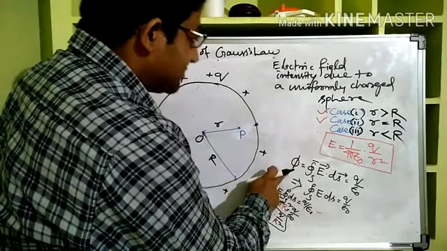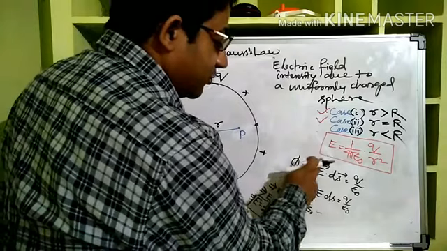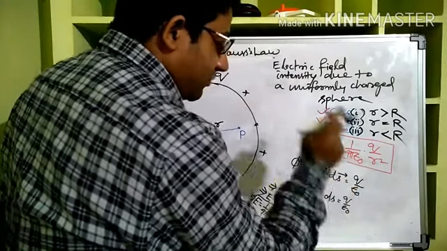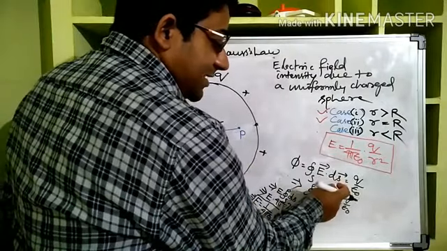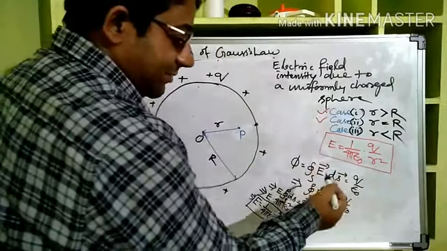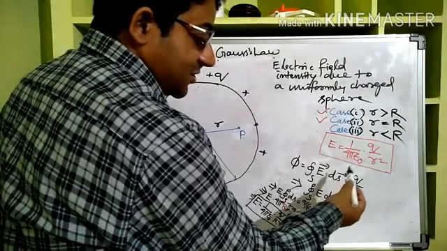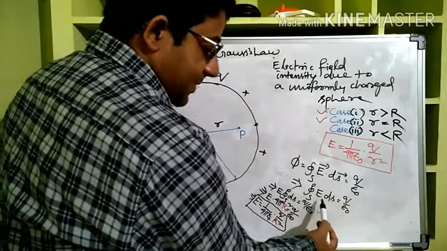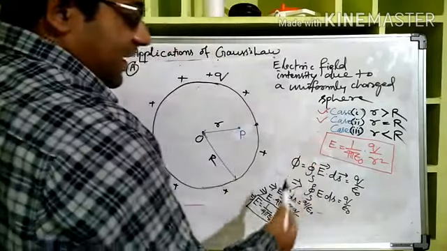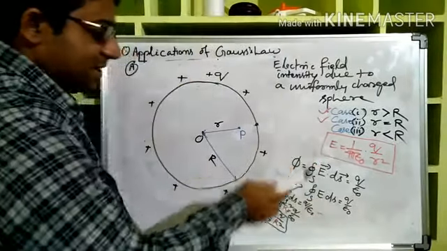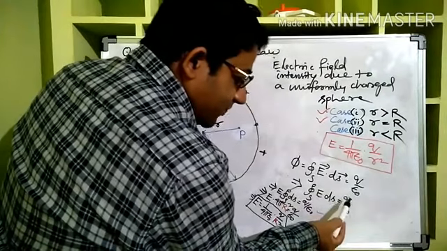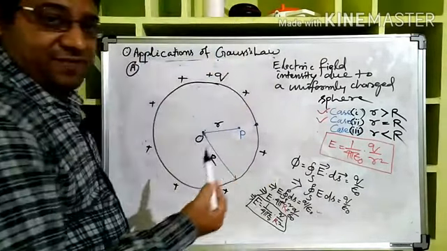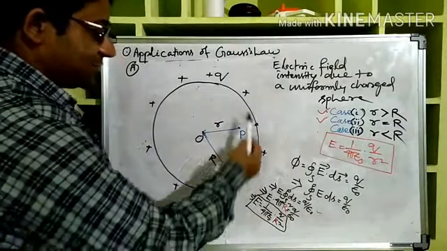Flux according to Gauss theorem is phi is equal to the closed integral of E dot ds is equal to q by epsilon naught, and E and ds are along the same direction, that's why theta between them is 0. So E ds cos theta, cos 0 is equal to 1, so E ds is equal to q by epsilon naught. Now it is not even required this much. What is the q? This is 1 by epsilon naught times the charge enclosed in the surface. Yes or no?